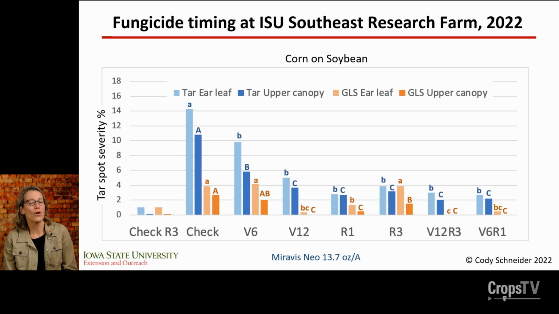This is his corn on soybean trial that he did, laid out exactly the same. You can see he had a lot more disease in the corn on soybean plots. But once again, we see that R1 application is just as effective as those double applications of that fungicide for controlling both tar spot and also gray leaf spot.